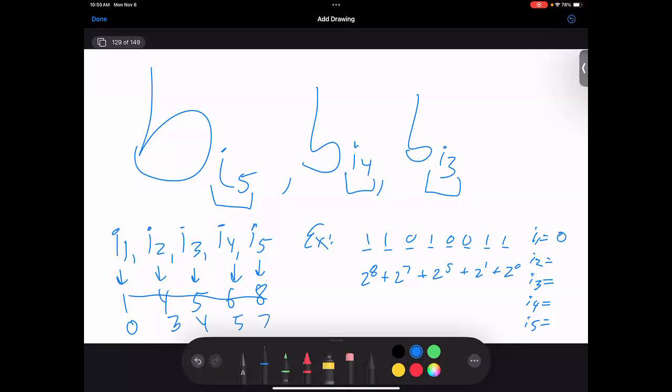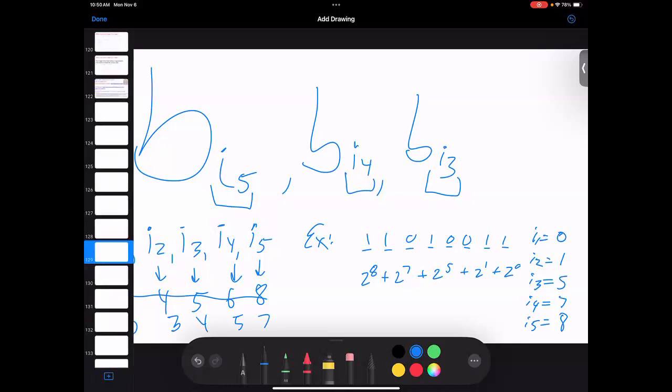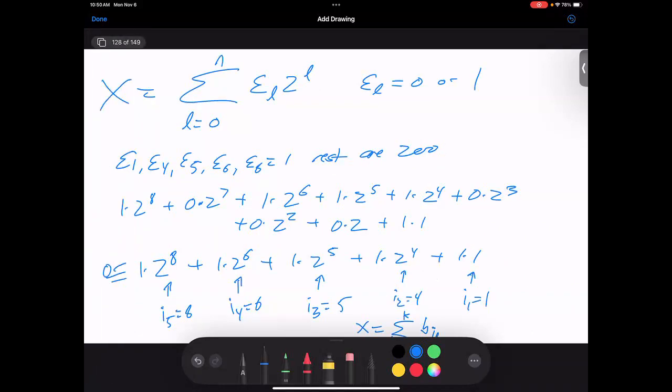And I1 would be 0. What would I2 be? That'd be 1. What would I3 be? 5. 5, 7, 8. So this would be another number that has 5 indices, but they would have different values. Oh no, I'm sorry.